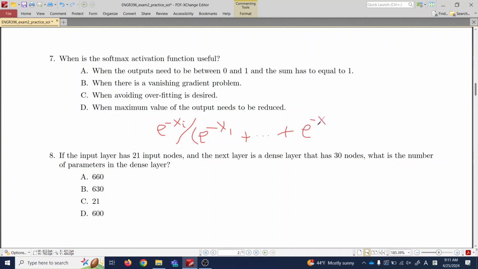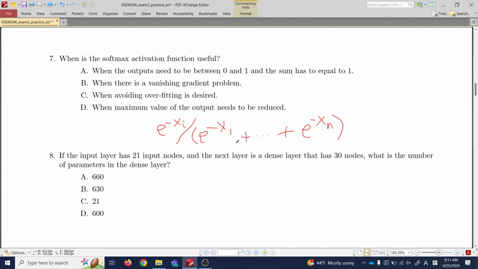This is called softmax. Why would we want to do that? Taking exponential functions makes the value positive, okay?